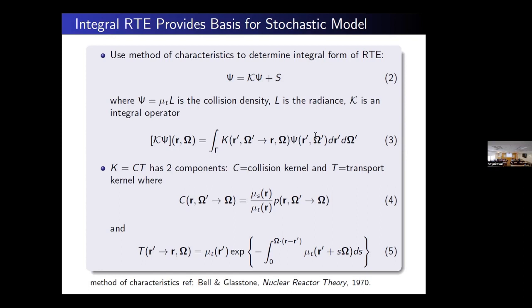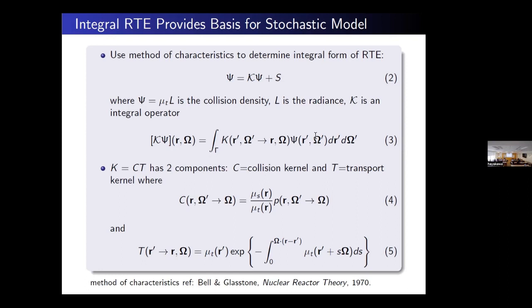But you get this psi equals, and I call it fancy K. It's an operator. It gets an elevated font because it's an operator, and psi plus S, where the K, fancy K, is this operator, and in the integrand we have, I give it a little plain k notation, and psi.